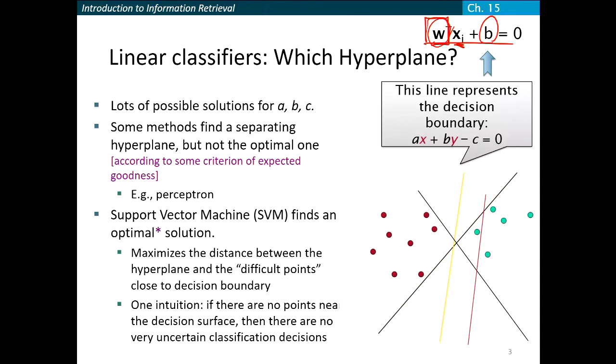In logistic regression, for mathematical simplicity, we absorb the bias term into the inner product, into the vector format. So there is no explicit bias term, but implicitly W0 is the bias term. But for deriving SVM, it's simpler to separate the bias term out. And for many models, they don't penalize the bias term.